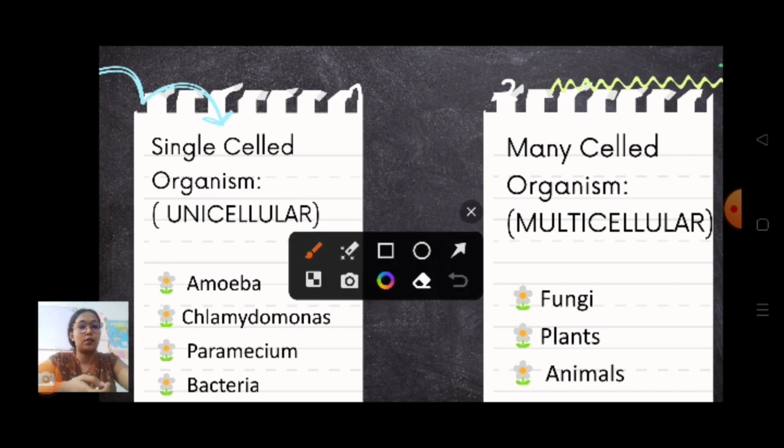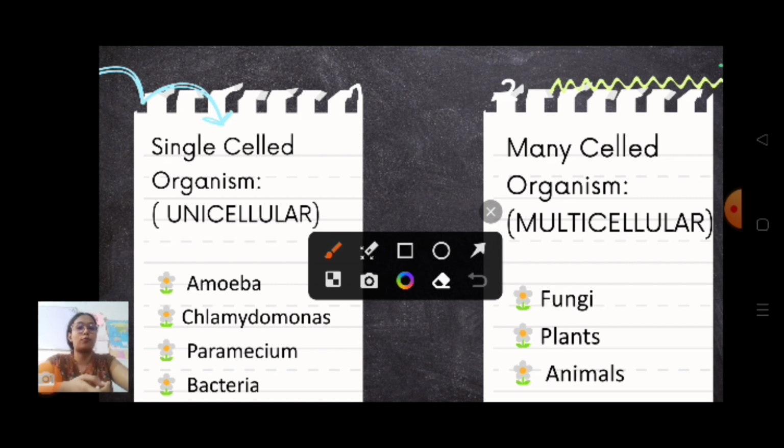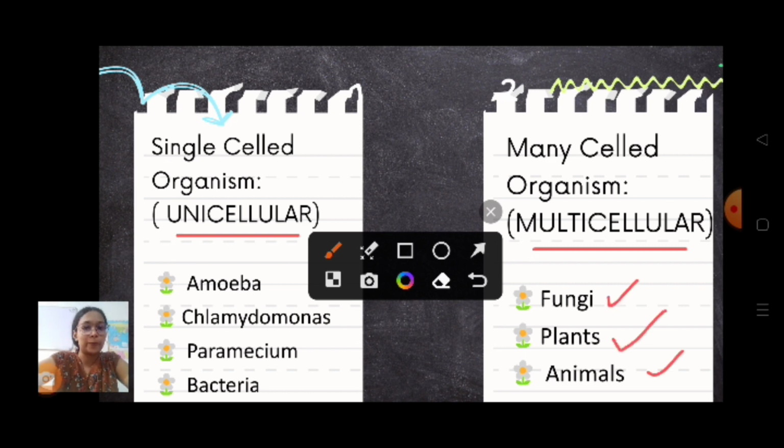Now you have to know some examples of single-celled organisms, which are called unicellular organisms, and some examples of many-celled organisms, also known as multicellular organisms. Multicellular organism examples are easy. Fungus you know, plants you know, animals you know. For unicellular organisms, you have to keep 4 examples in mind.